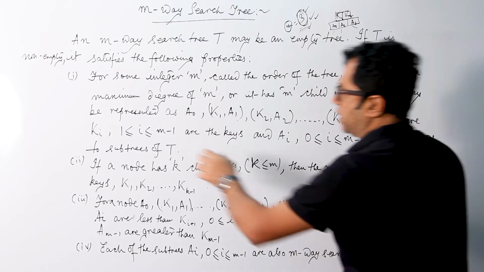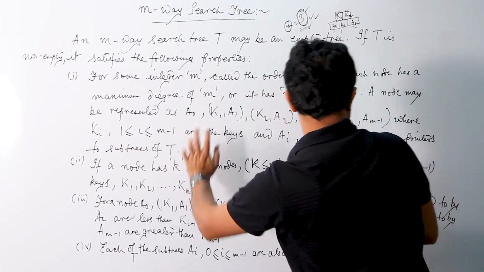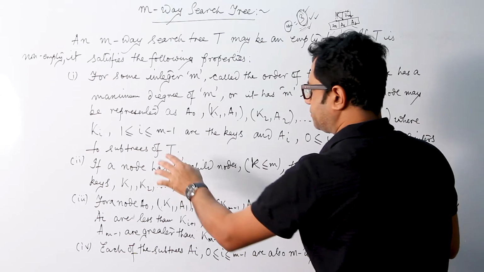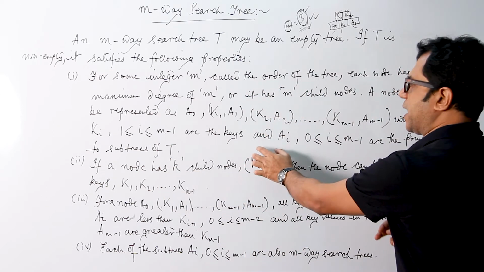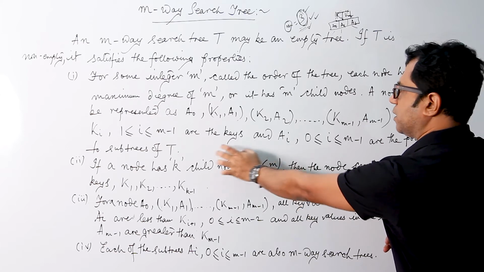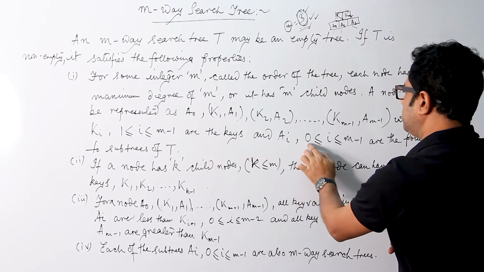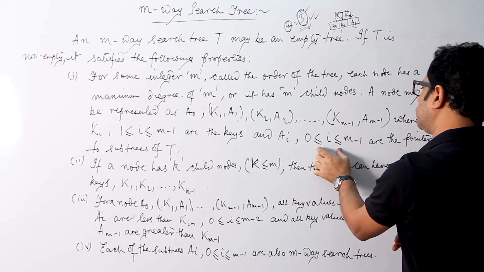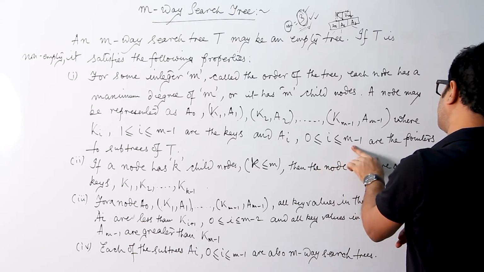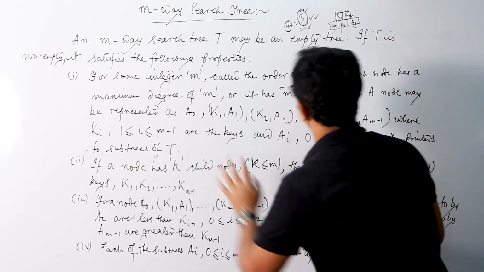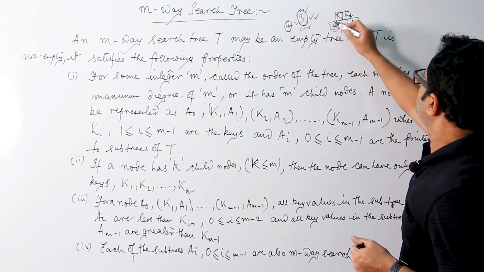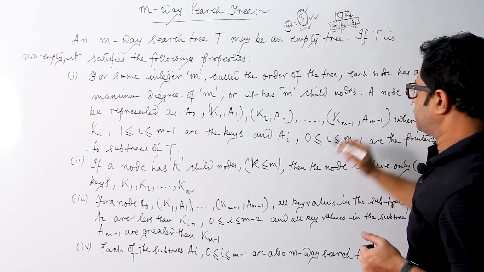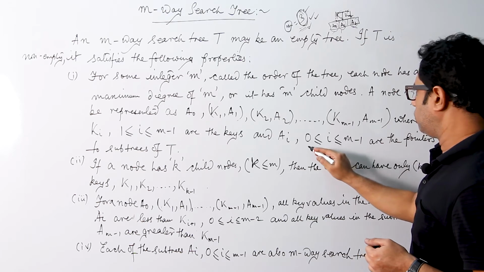In this part I have written that Ki are the keys, and Ai, for 0 less than or equal to i less than or equal to m minus 1, are the pointers to subtrees of T. So A0, A1, A2 have been referred to over here.